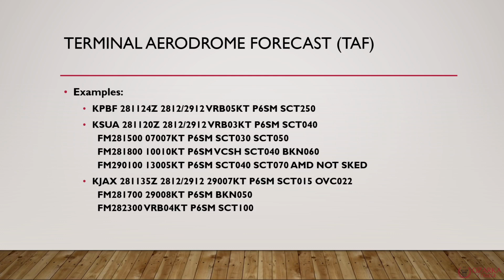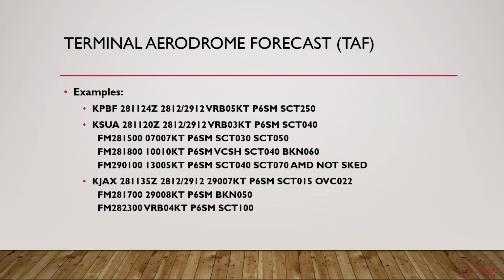Now on KSUA, from the 28th at 1500, the winds are expected to be 070 at 7 knots, greater than 6 statute miles visibility. Clouds are scattered at 3,000 feet, and then there's another layer scattered at 5,000 feet.